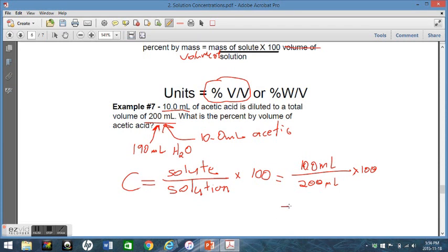Okay, and this will be equal to 10 divided by 200, 0.05 times 100, and I'm left with 5.00%. And we can manipulate this as required, and I would have to write percent %V/V for volume by volume. Thank you.